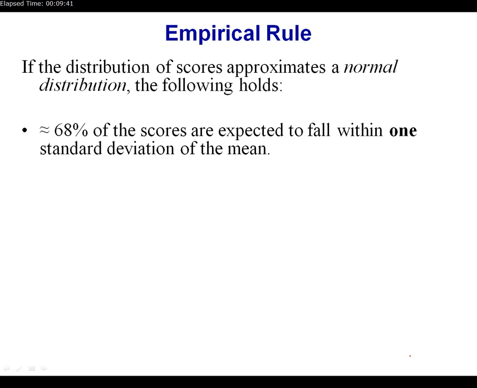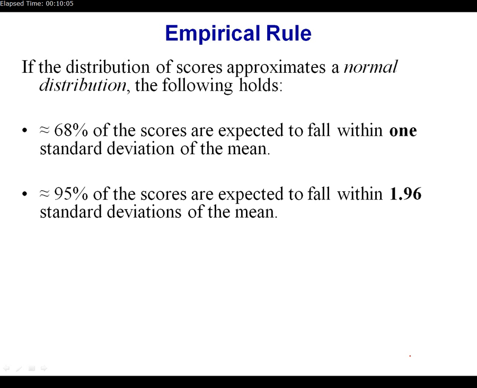So if the mean IQ score is 100, 68% of the population is going to be within 1 standard deviation of the mean IQ score of 100.